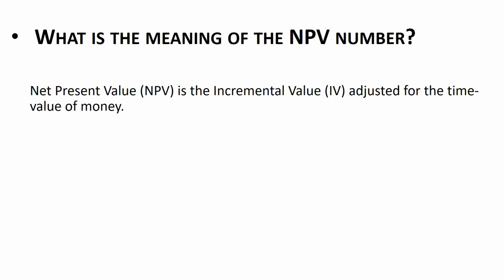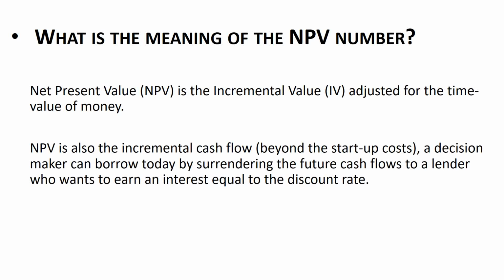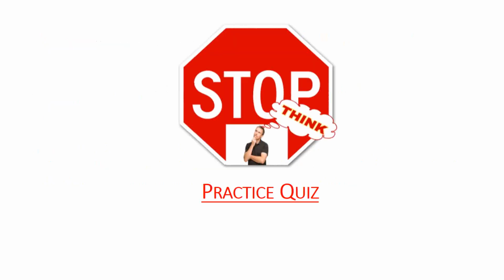What comes after first year, we convert into present value. What comes after second year, we convert. And so net present value is basically incremental value adjusted for the time value of money. Another way to look at it, it's also the incremental cash flow beyond the startup cost. A decision maker can borrow today by surrendering all the future cash flows to a lender who wants to earn an interest equal to the discount rate. Okay, so in our case, NPV is the amount in excess of what you need upfront, the 138,800 you can borrow.